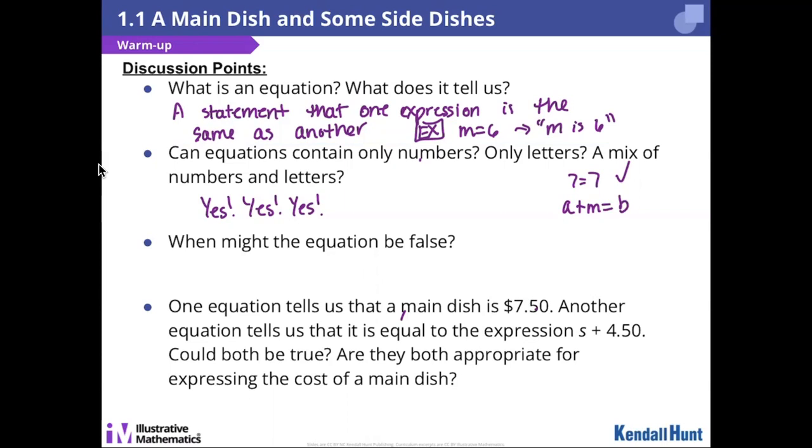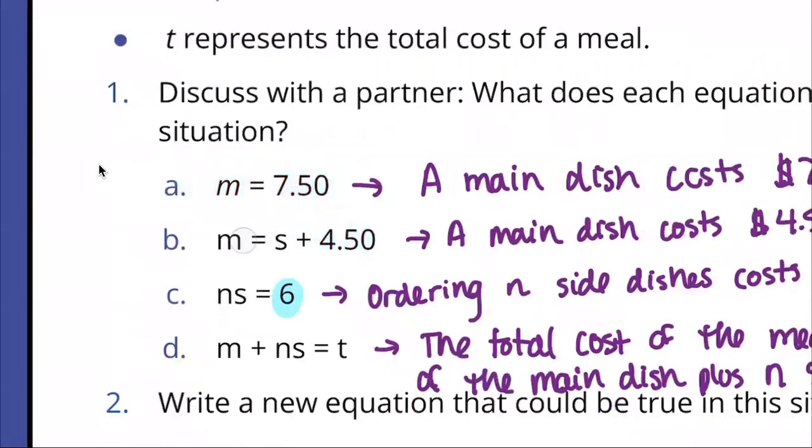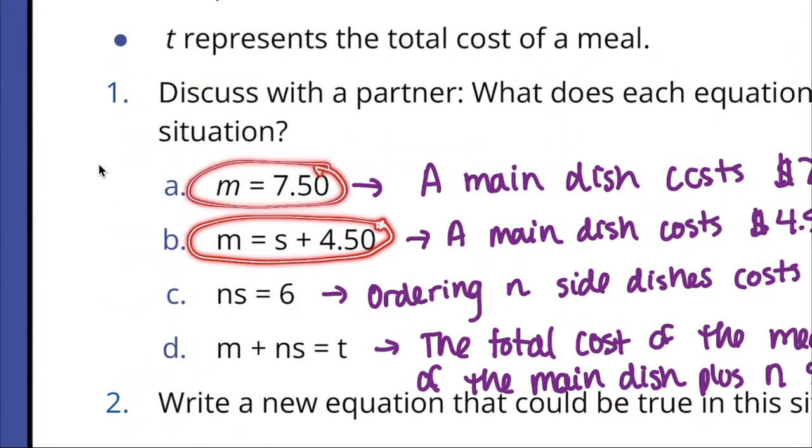Now, we have to be careful about the equations that we actually can write because they're not always necessarily going to be true. If we think about the example from the previous page, it says, when might an equation be false? Well, if we look at our previous example, if we're saying the cost of a main dish is equal to a side plus $4.50, well, if we know a main dish costs $7.50, that means in this scenario, a side can only cost a certain amount of money.